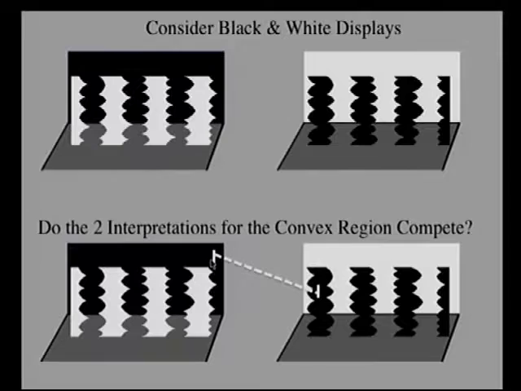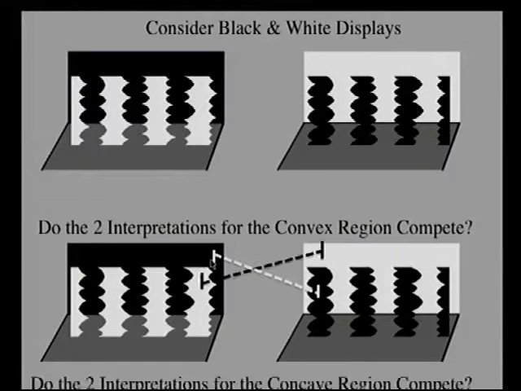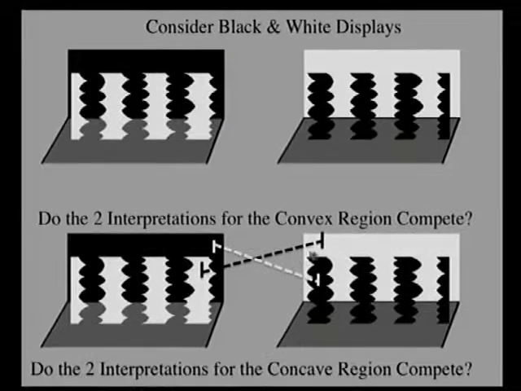Even though subjects report seeing the convex regions as the object on 90% of the trials, maybe there's competition going on before visual object perception happens. You can also ask whether the 2 interpretations for the concave regions compete. So are the concave regions figures or are they grounds? So is there a lot of competition going on?